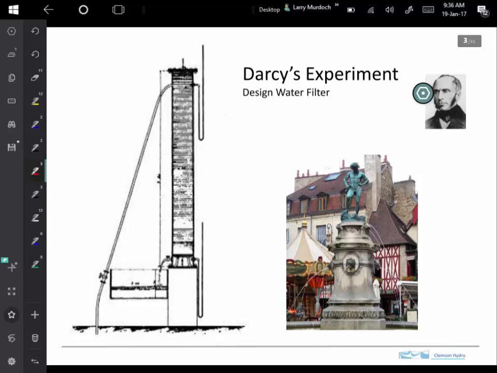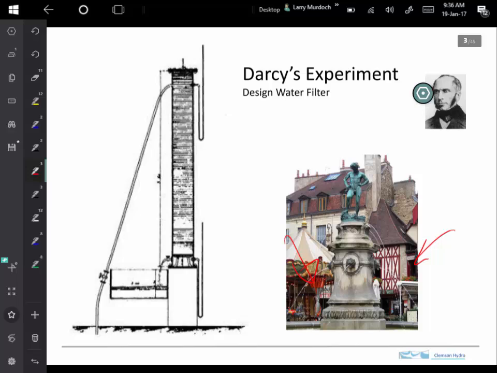So the towns that this was done in France, so the towns in Europe at the time would have these fountains in the town square, and here's an example of one, and this is kind of ornamental with these spouts of water coming out like that, but they served a practical purpose because this is where people would go to get their water.